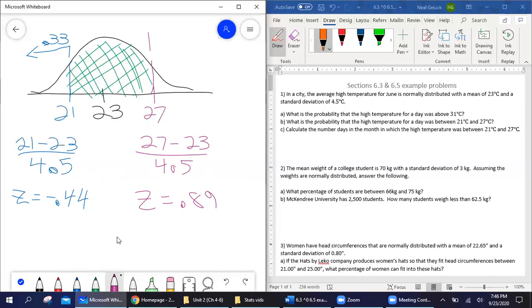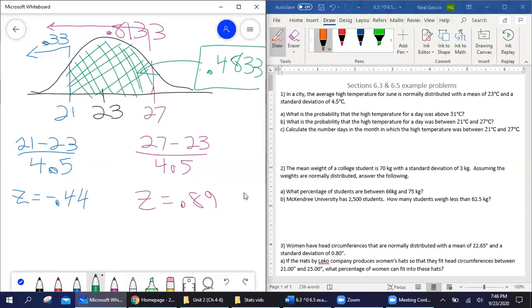The area left of that on your z-score sheet is 0.8133. Remember, we want the in-between, so we're going to subtract 0.8133 minus 0.33. That will give me the in-between, which is 0.4833. So that's the probability of the temperature being between 21 and 27 degrees.